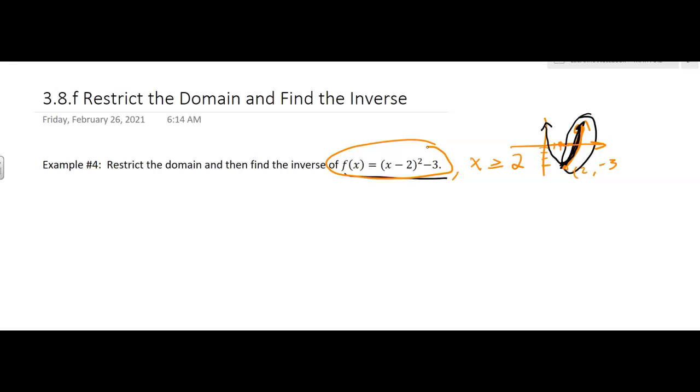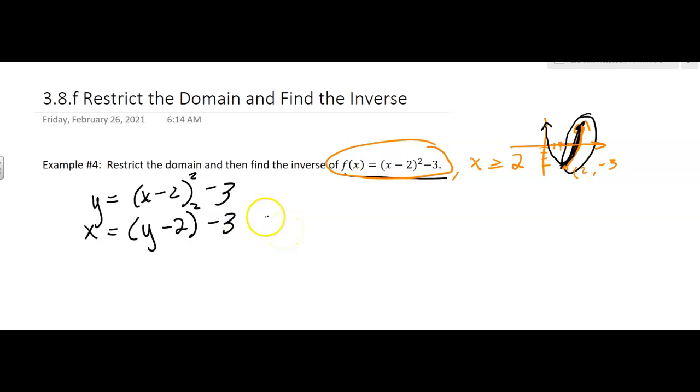But there we go. So the inverse, we'll write it as y equals (x minus 2) squared minus 3. We're going to switch the x and y. And now I'm going to say that the y has to be greater than or equal to, oops, not 0, greater than or equal to 2.